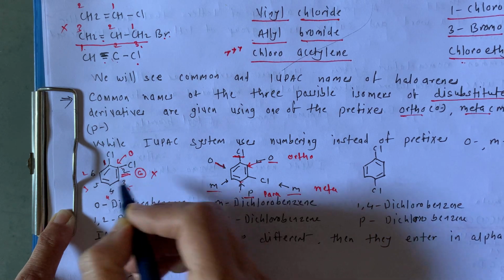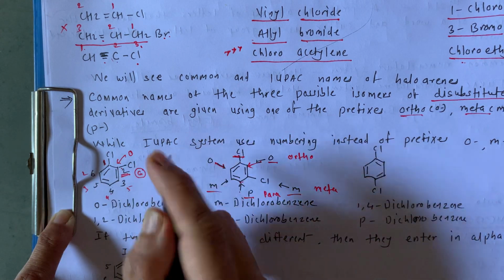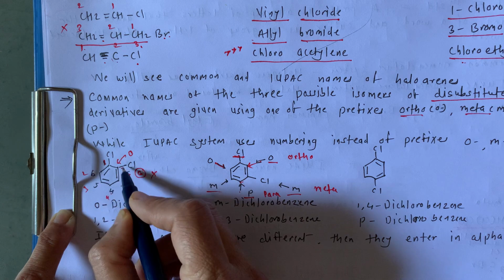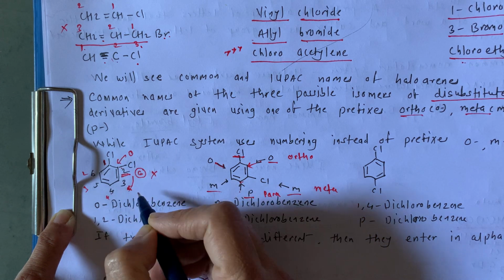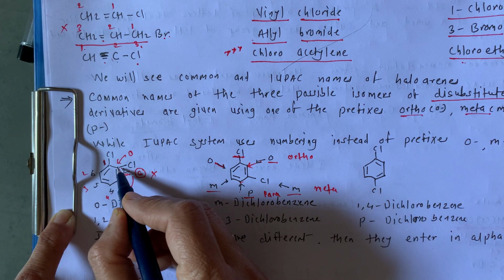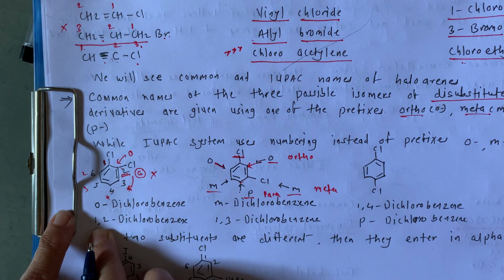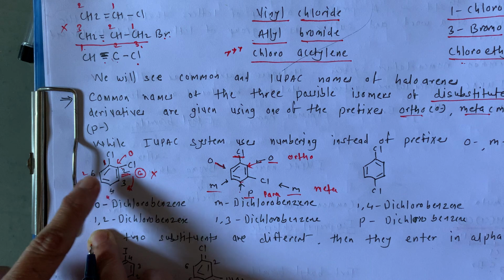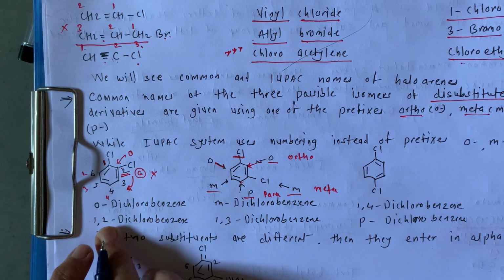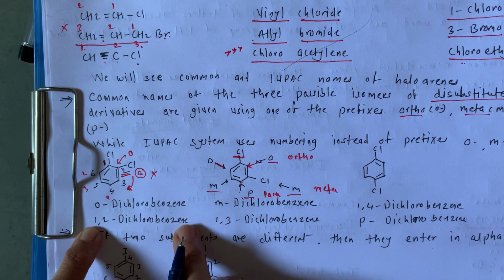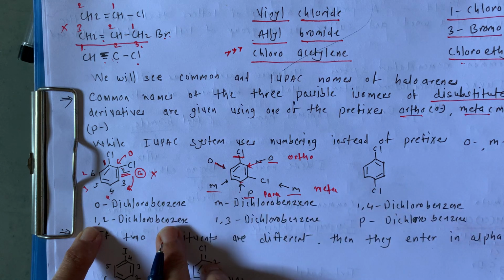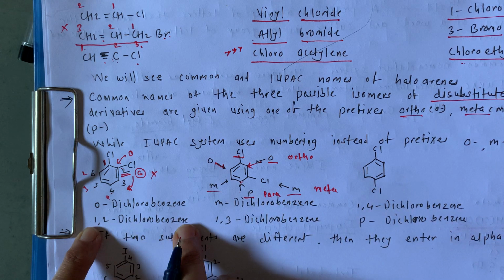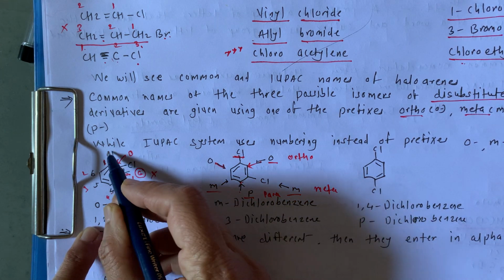So anti-clockwise is the wrong numbering. We have to give clockwise numbering this way only. This is on the second carbon, with respect to this chlorine, which is the first one. So this is 1,2-dichlorobenzene. Is that clear? 1,2-dichlorobenzene, 2 chlorines.